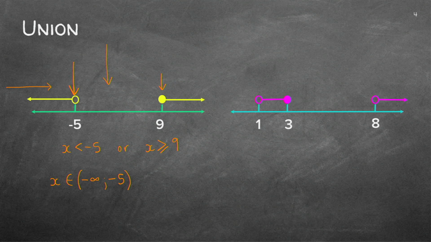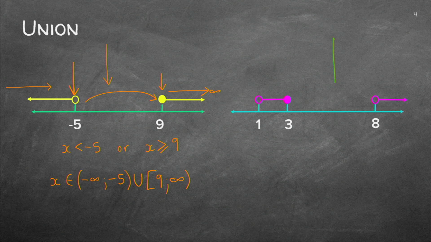In order to show that the set is going to continue, we say union, and then we start at our next value, which is 9. Now 9 is included. Let's just do that properly. 9 is included, so we have a square bracket 9, and then our set continues all the way to positive infinity with a round bracket.